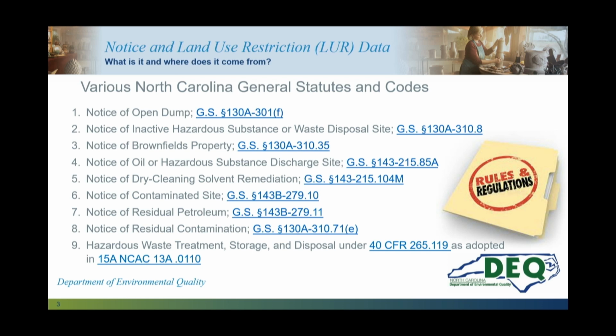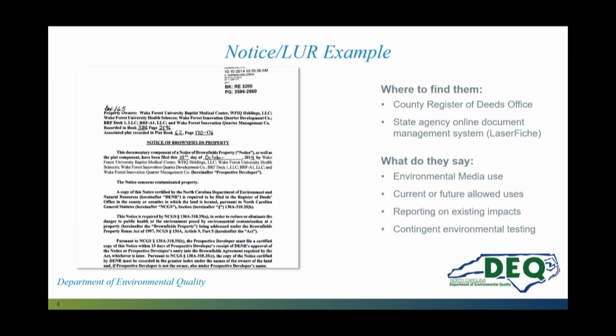They're very dry when you read through them, but they give the agencies the ability to protect or put notice on properties so that when future owners go to buy them, they're aware of a possible impact. Number 7 on the list, notice of residual petroleum, is one you'll probably run into if you've done any research with environmental data. They're very ubiquitous.